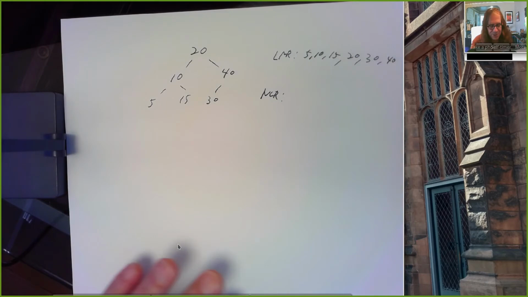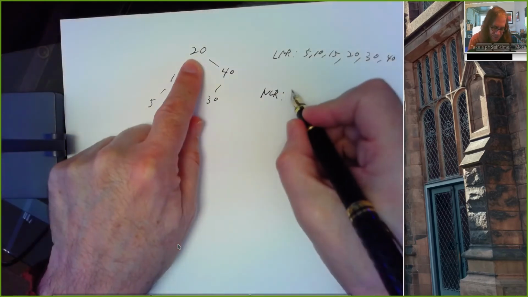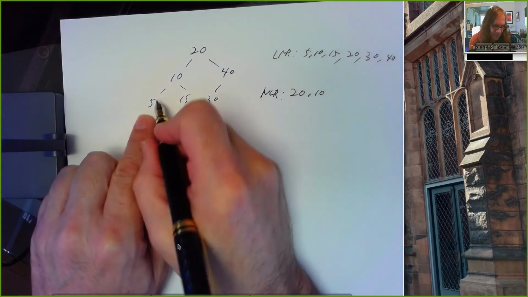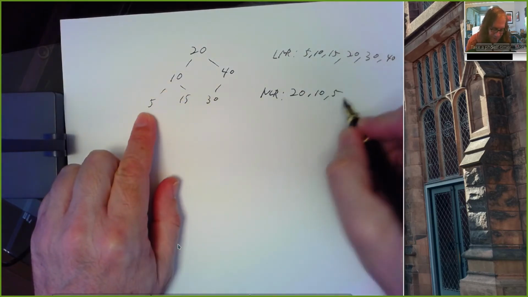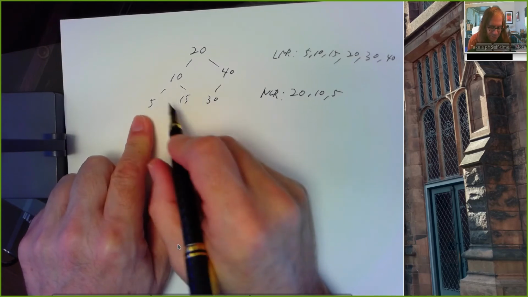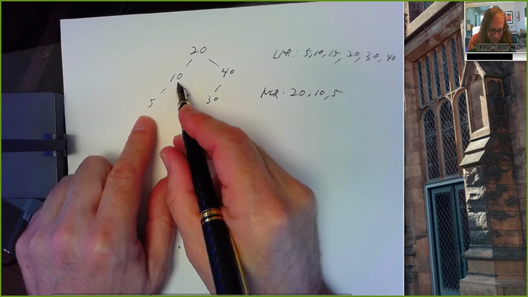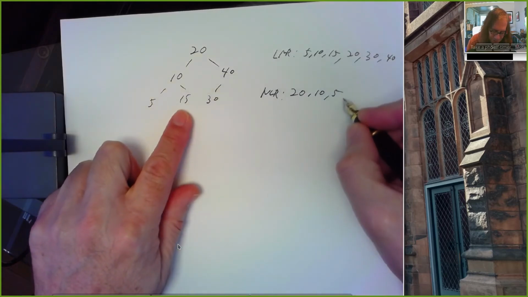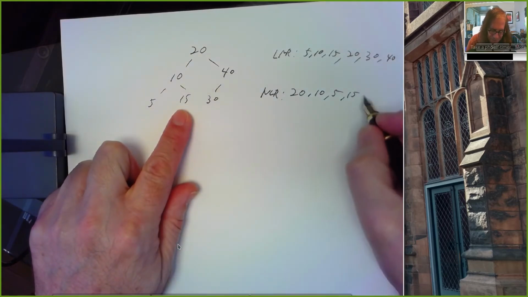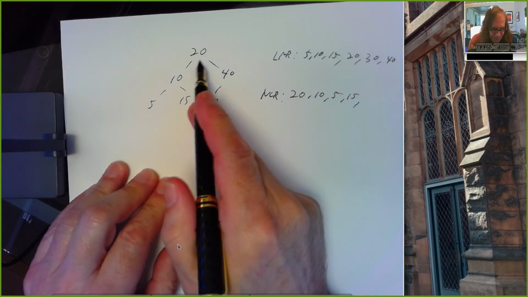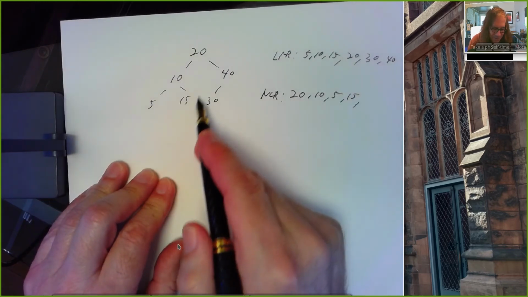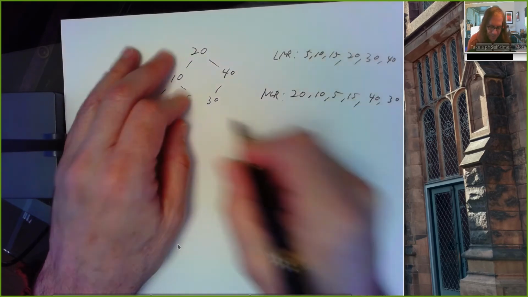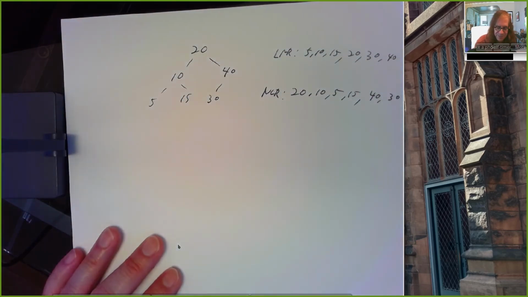If we go pre-order, node left right, first we're going to print the 20, then we're going to traverse the left subtree, so we start with the 10, then we're going to traverse the left subtree and start with the 5, then do its children, which don't exist. Then we'll pop up here, we did the node and the left, so then we're going to do the right subtree. And now we've done the root node of this, and we've done the whole subtree on the left, so now we're going to do the subtree on the right, which is going to start with a 40, and then go to the subtree below that on the left.